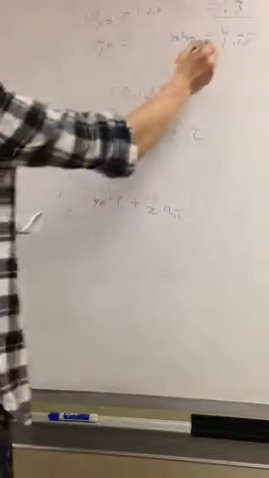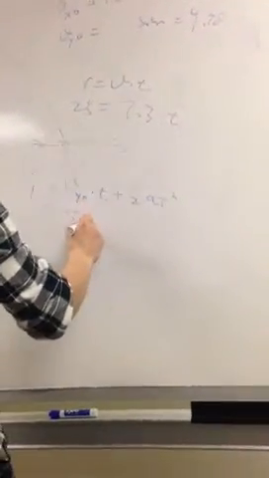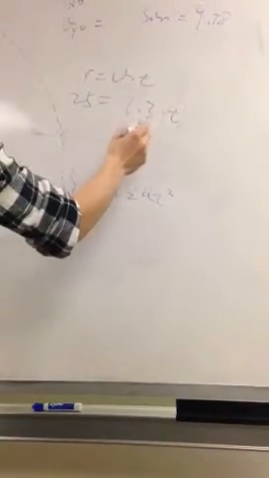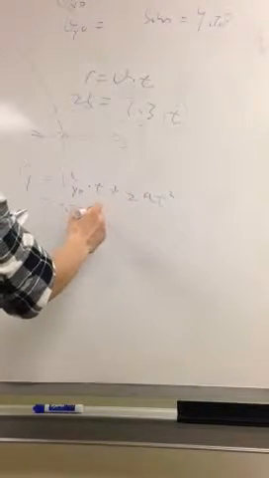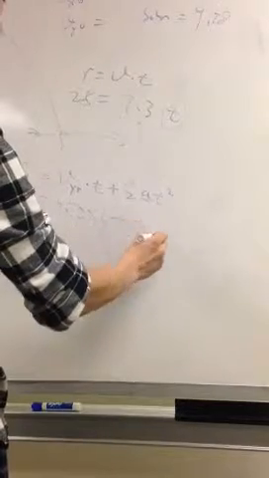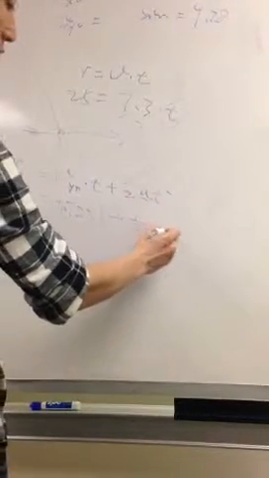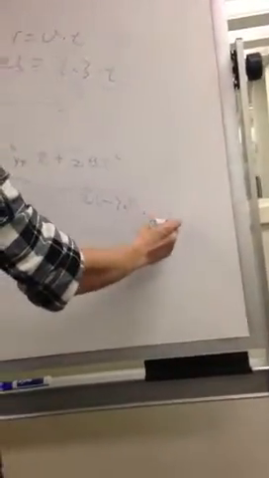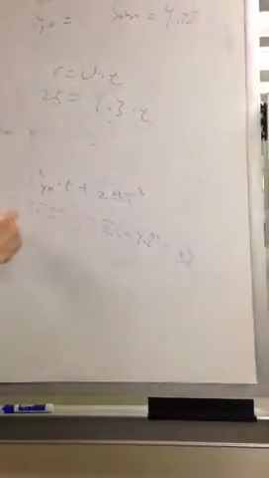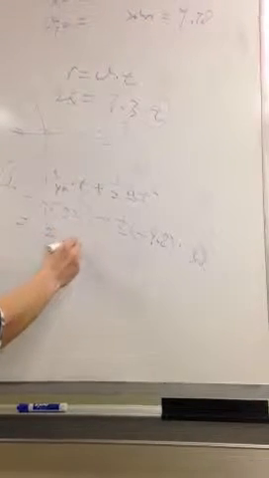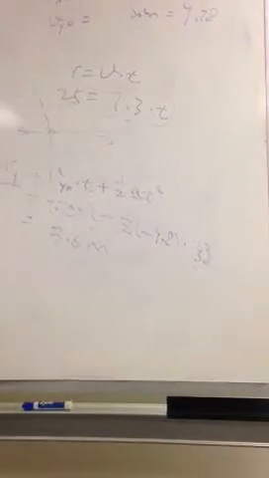The initial one is 9.78, and the time we got from here is around 3 something. The acceleration is negative 9.8, and then time 3 squared. If you calculate, you get 23.6 meters, which is D.